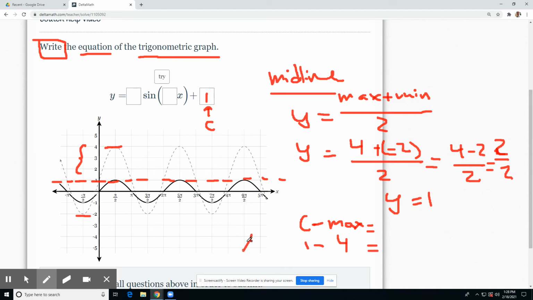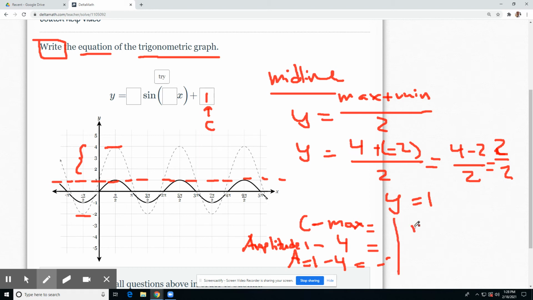This is our amplitude I'm finding, A: 1 minus 4 is equal to negative 3. Did I do it in the wrong order?